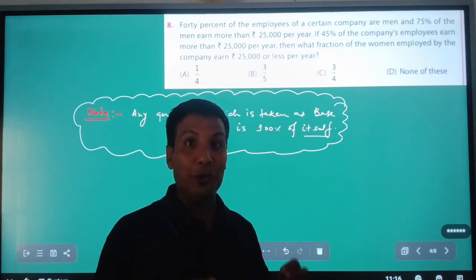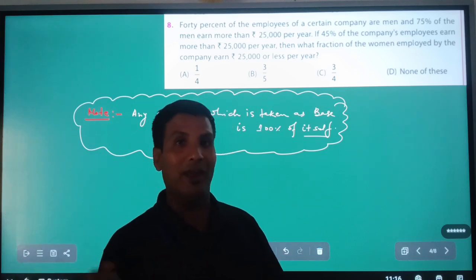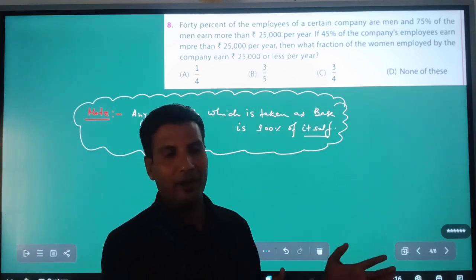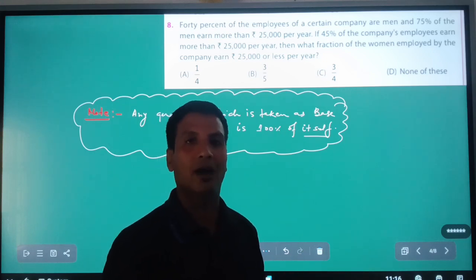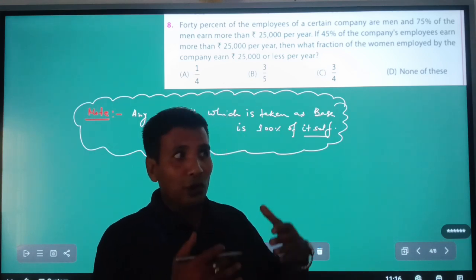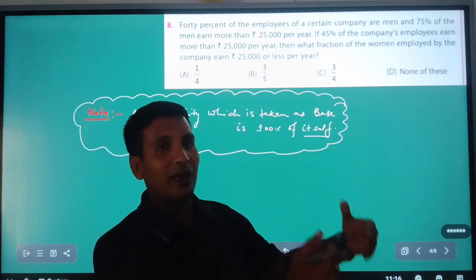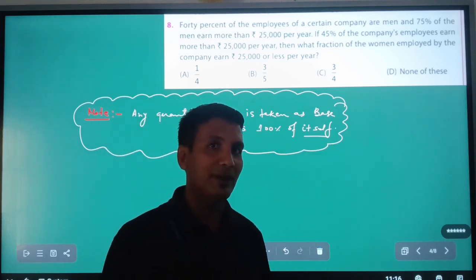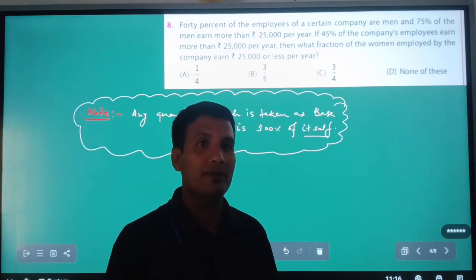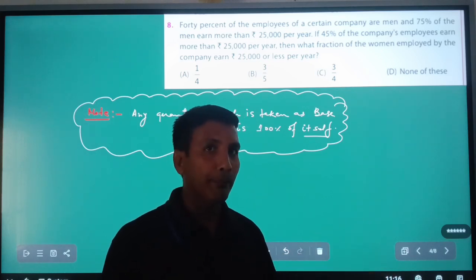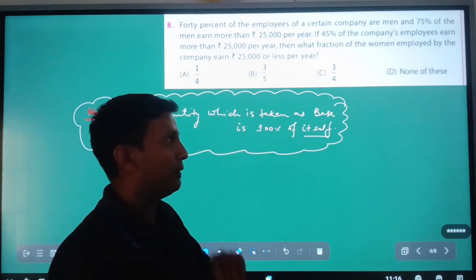If suppose you are going to make your dole and sole, now you will compare yourself with your Bollywood stars like Salman Khan and Tiger Shroff. These are the things you are comparing with, so they are taken as base. Similarly, in percentage or any chapter which has the application of percentage, the thing with which we are comparing is taken as 100%.